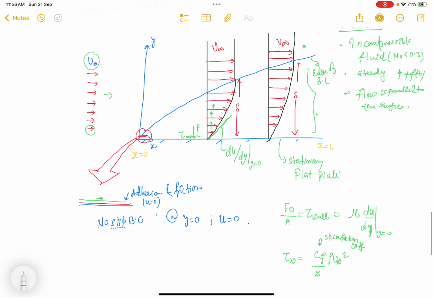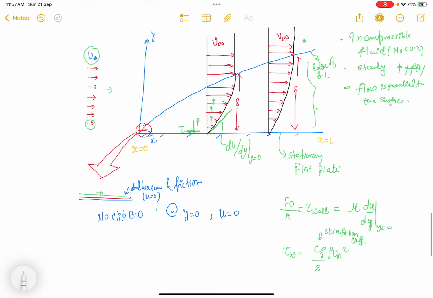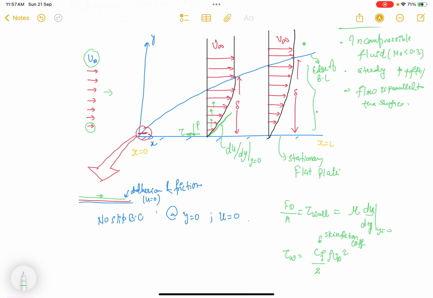right? So if we just look more deeply into this boundary layer concept, at the location that is the leading edge, here the whole fluid has the same velocity u infinity, except the first layer. So velocity is changing very sharply from 0 to u infinity.